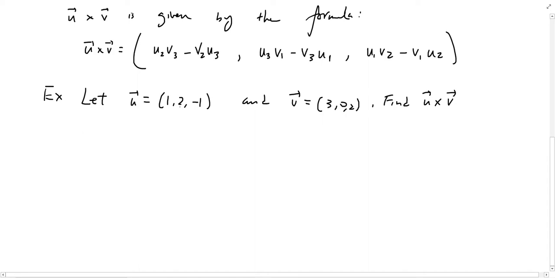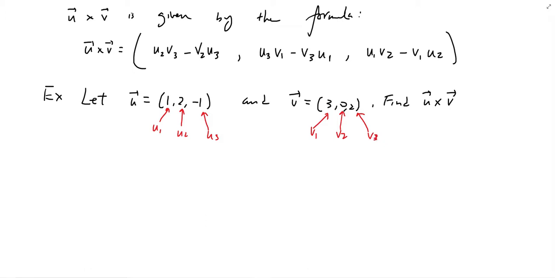So how do we do that? Well, simple. The easiest way is simply to use the formula. So I'm just identifying this is my u1, this is my u2, this is my u3. This is my v1, this is my v2, this is my v3.